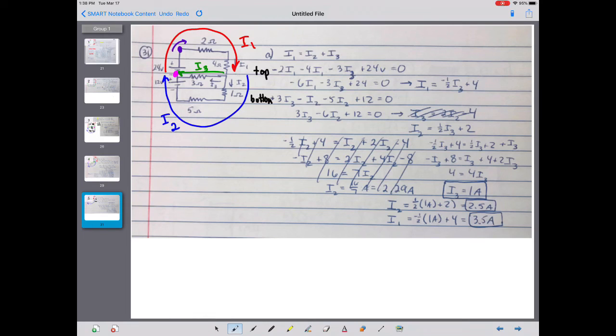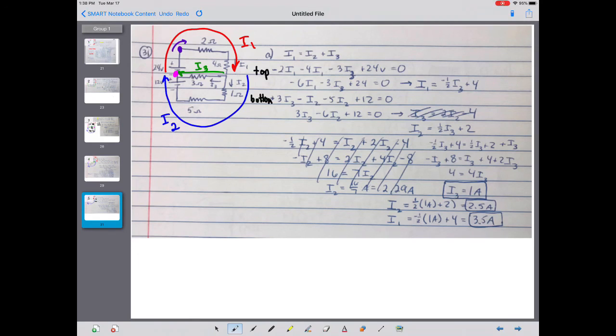In the bottom loop, I'm starting over there at the pink dot, going around in a clockwise direction. So I go to the 3 ohm resistor in the middle branch, and we're going against the direction of current, so I times R would be a 3I3. And then we hit the junction on the right side and go down the right branch to the 1 ohm and the 5 ohm resistor.